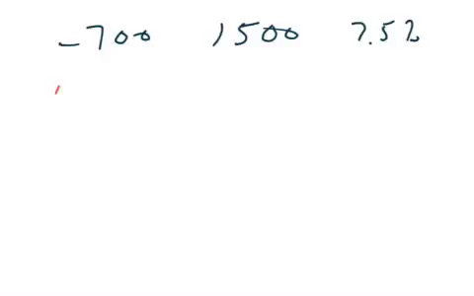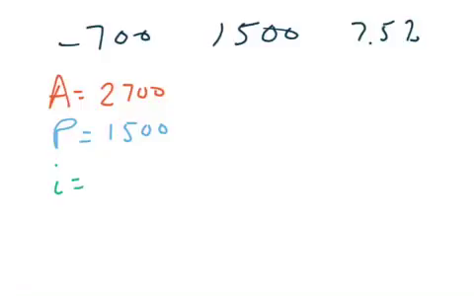So we know that the amount that he needs is $2,700. We know that the principal, the amount that he has right now, is $1,500. We also know that the interest rate, and this is the part that's tricky, is 0.075. That's what 7.5% is.